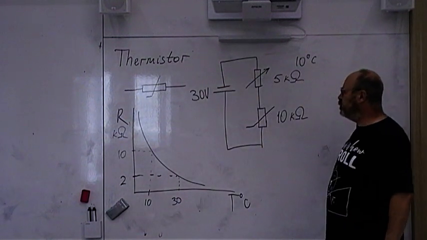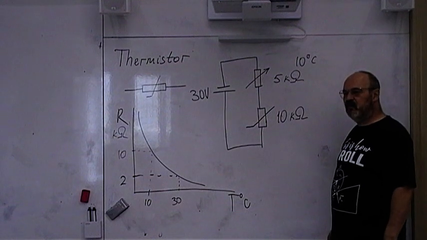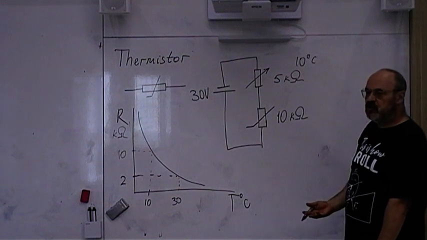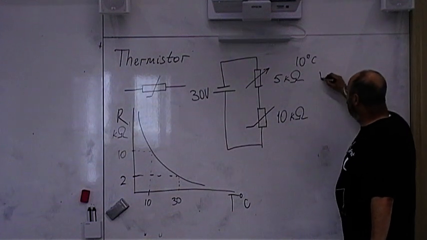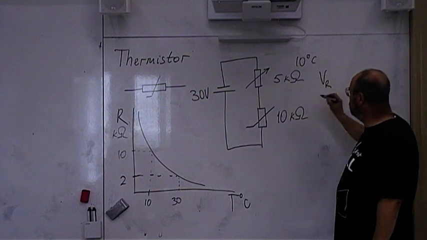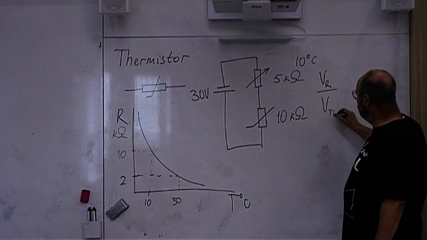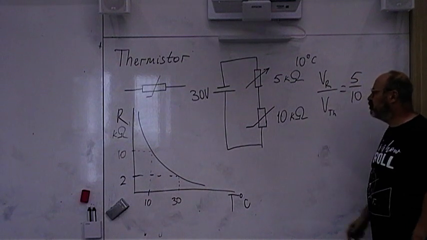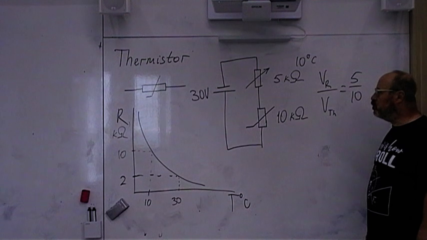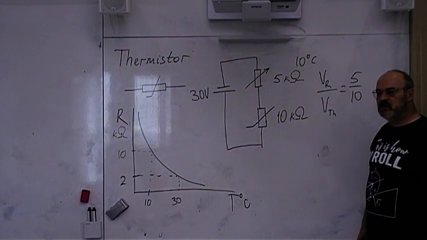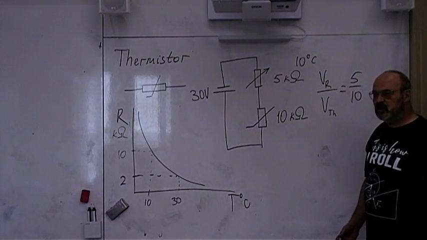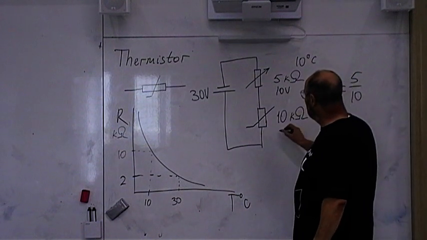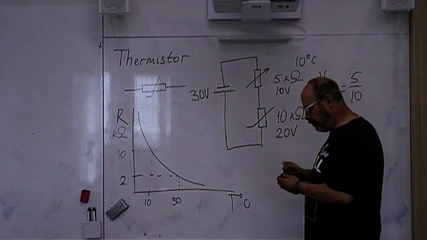What will be the voltage across the variable resistor? What will be the voltage across the thermistor? Using ratios, voltage across resistor over voltage across thermistor will be the same as the ratio of the resistances, 1 to 2. Can you divide 30 volts in the ratio 1 to 2? What will it be? 10. So we have 10 volts here, and we have 20 volts here.